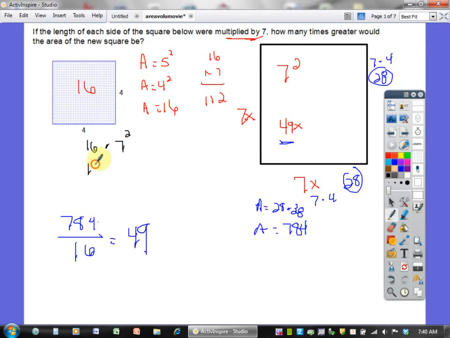We take 16 times 49, and if we do that, we find that 16 times 49 is 784. If the question were, what would the area of the new square be? In this case, the question is just asking how many times greater. Well, it would be 49 times greater than the area of the original square.